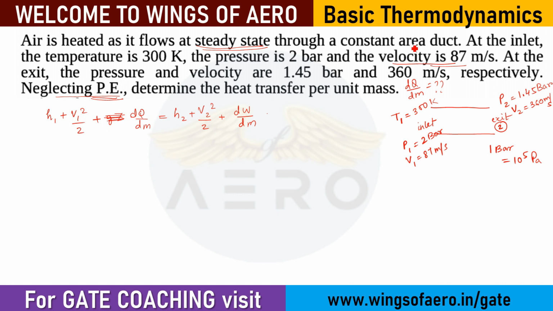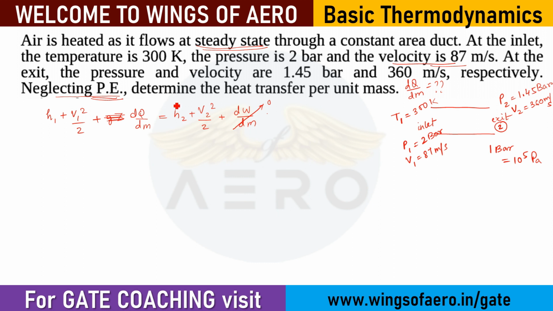So is any work done by the duct? No, so automatically it will be 0, because no work is done by the duct. The work is done either by or on the turbine or the compressor, so there won't be any work done here. So dW by dm is going to be 0.